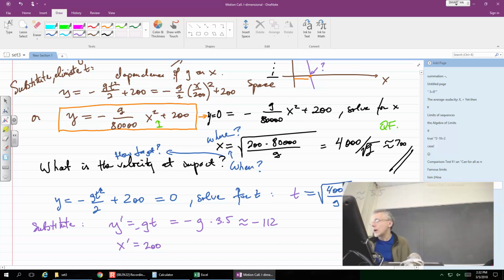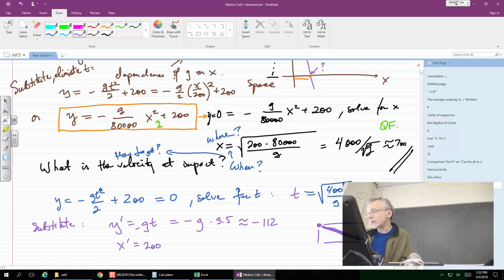So then you can draw a picture roughly of when the ball is hitting the ground. It is going 200 that way and about 100 vertically. So it's going, what, roughly 2 by 1, like this.